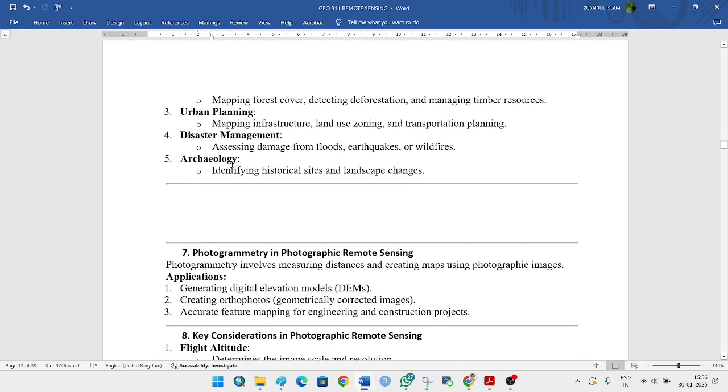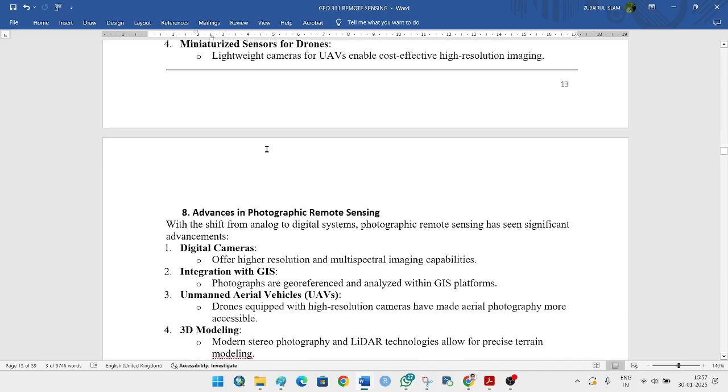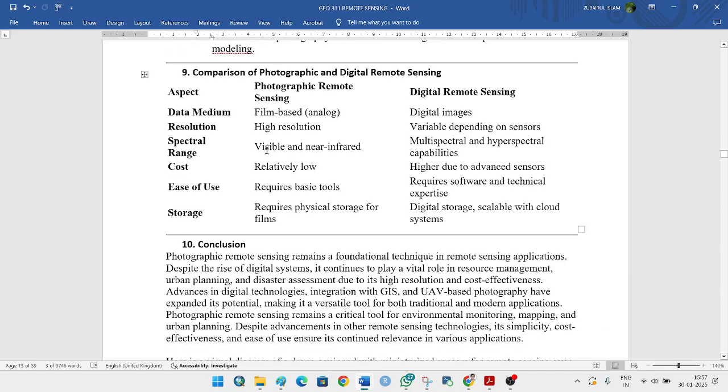There are applications in agriculture, forestry, urban planning, disaster management, and archaeology.